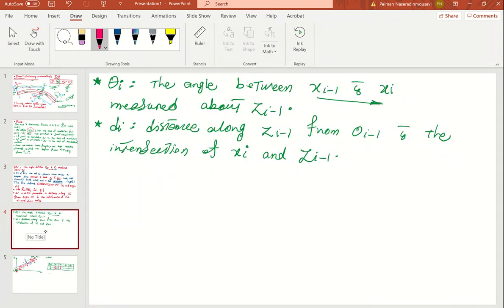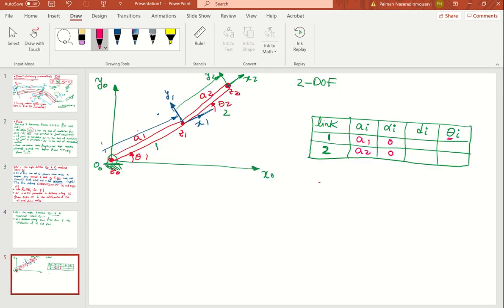Theta i, the angle between x_{i-1} and x_i measured about z_{i-1}. Look here, this x_{i-1} is x0. The angle between this x0 and x1 is measured about what?